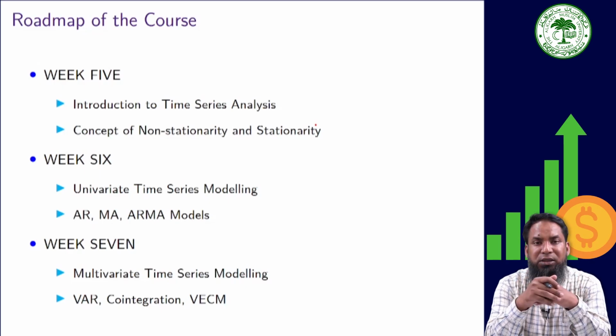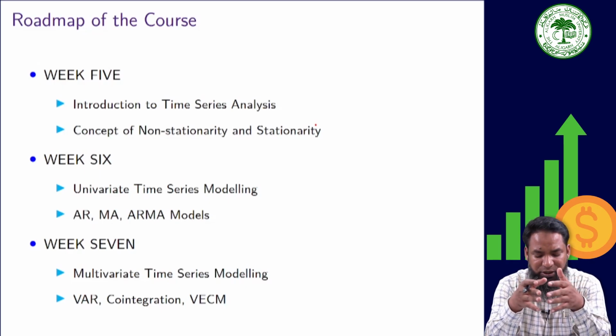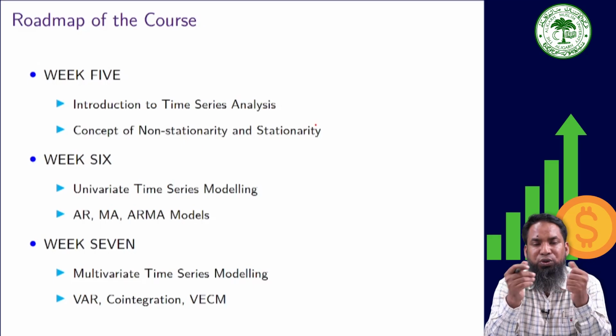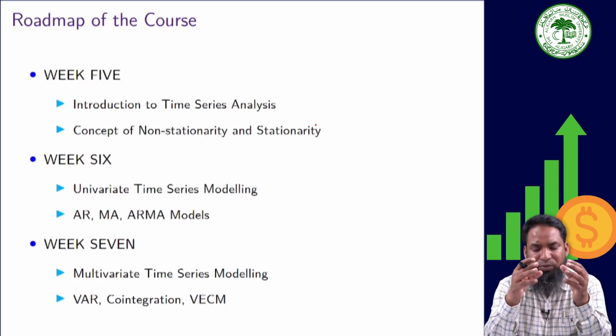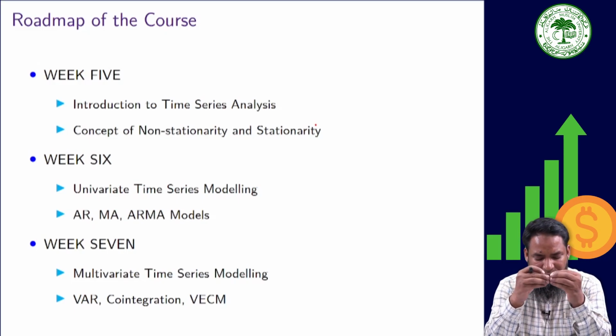In week 6, we discuss the univariate time series modeling approach, where we need only one series, and using the past observations of that particular series, we try to understand its behavior, characteristics and dynamics.